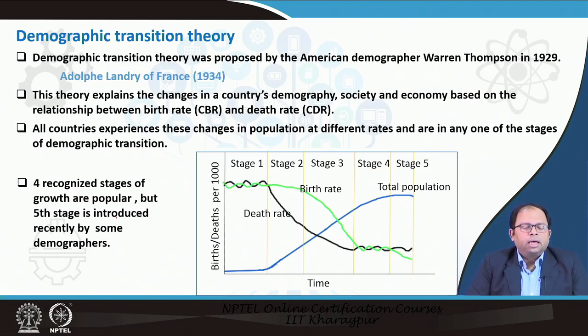So based on the birth rate and death rate of a particular urban area, rural area, or country, the demographic pattern, the society, and different aspects of the economy are influenced by this birth rate and death rate.